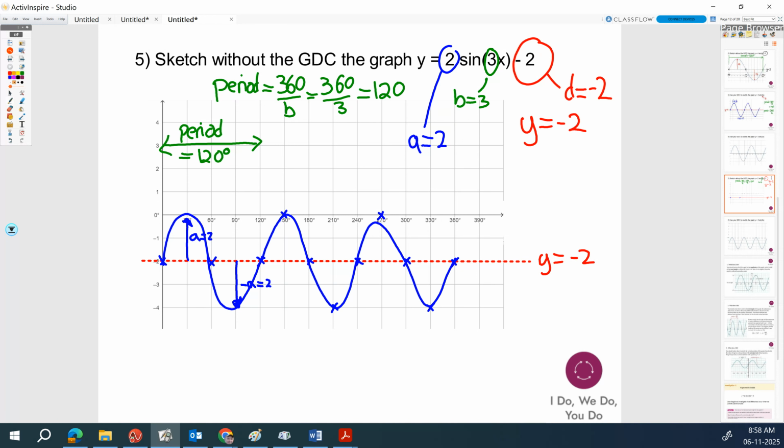So your 5 key points, I'll put across the bottom. Sorry, these 5 points. This one is at 0, minus 2. Our next one is at 30, 0. Our next one is at 60, negative 2.